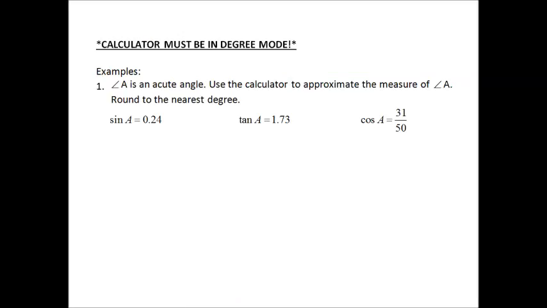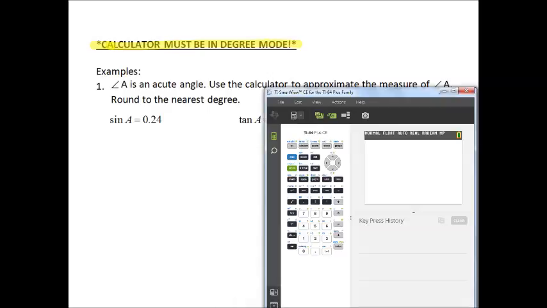So then let's practice this with a few examples. And the key here to get the answer right is that the calculator must always be in degree mode. And how do we make sure of that? Let's look at that on our calculator.